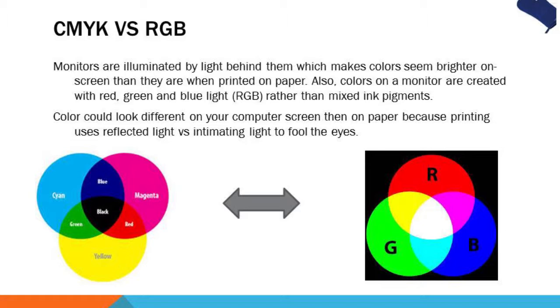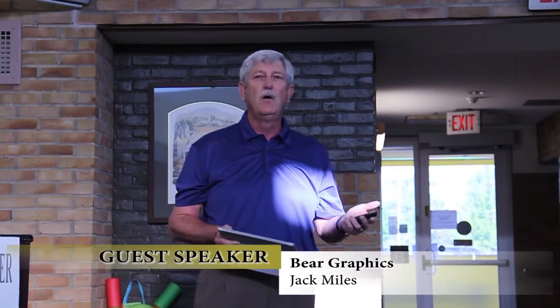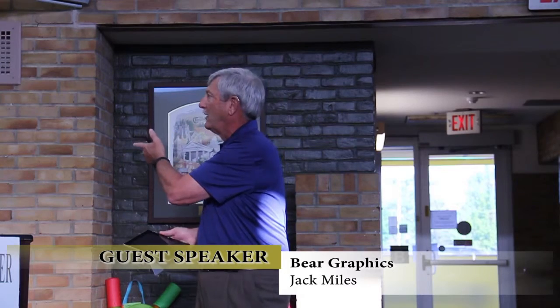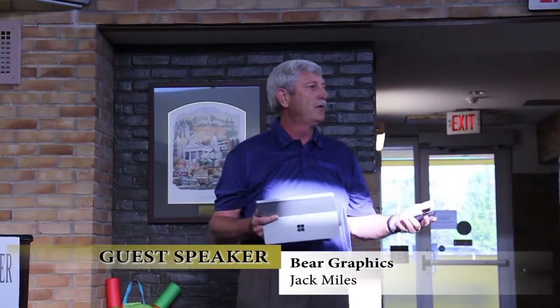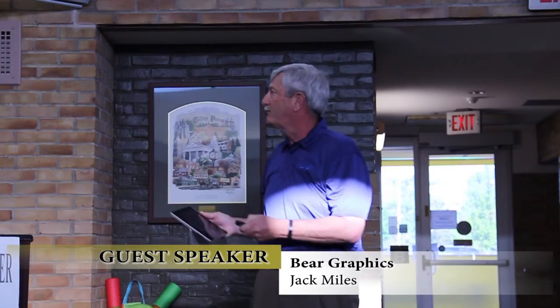It's a totally different process of how your eyes are tricked. Your television, all those colors and facial tones, is a three-color RGB process. So that's the difference between a computer, such as a tablet, that you're looking at, and your printed piece.